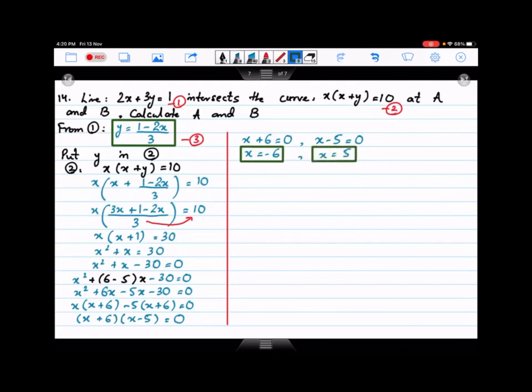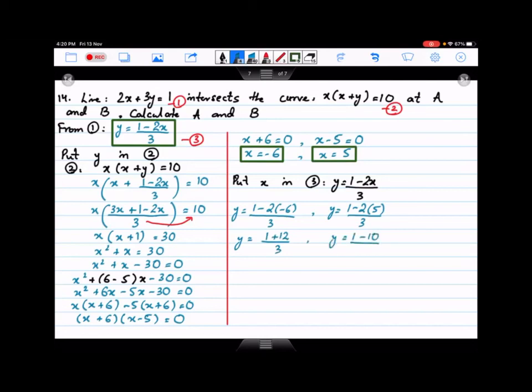So obviously we will be getting two values of y as well. Now we have to put this x in equation 3. So equation 3 is y is equals to (1 minus 2x) divided by 3. So first of all, we will put x equals to minus 6, and then we will put x equals to 5. So this should become (1 plus 12) upon 3, and this should become (1 minus 10) upon 3.